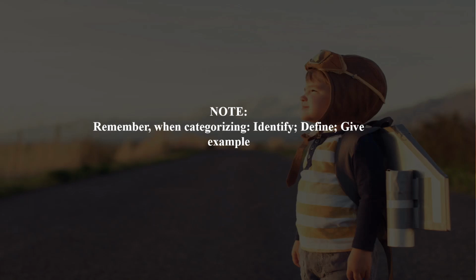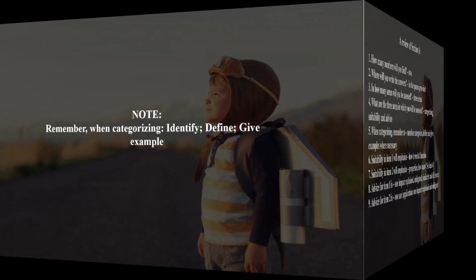After defining, you give an example. For item 1, when you're categorizing, you identify. After identifying, you explain how it works. Yes. Now, with all that, you'll find yourself already answering section A items very perfectly.